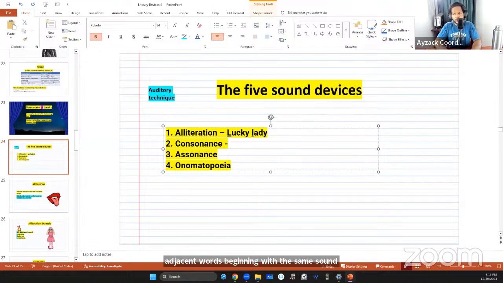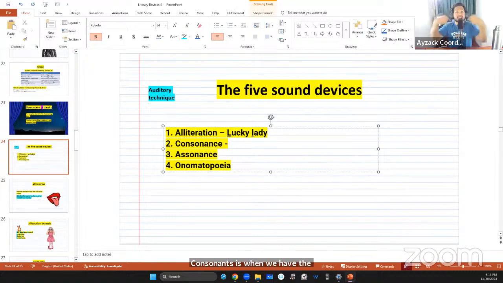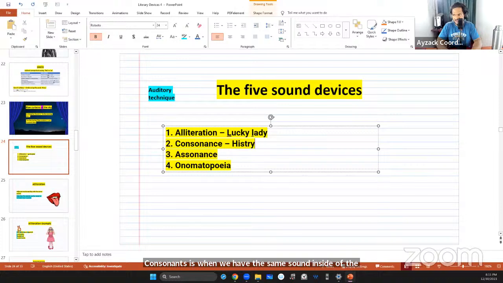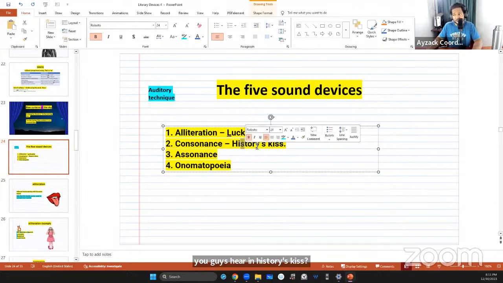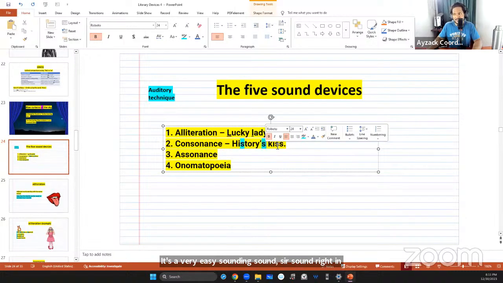However, consonance is when we have the same sound inside of the words. Now, for example, history's kiss. What is the same sound that you guys hear in history's kiss? It's a very easy sound. The s sound, right? In history's kiss, we have the s sound, and that is an example for consonance.